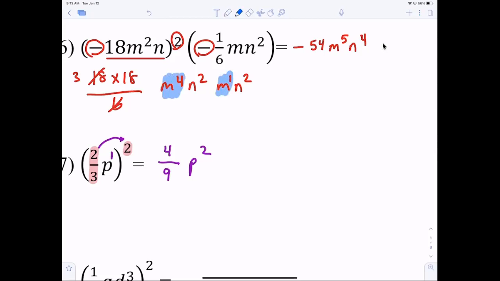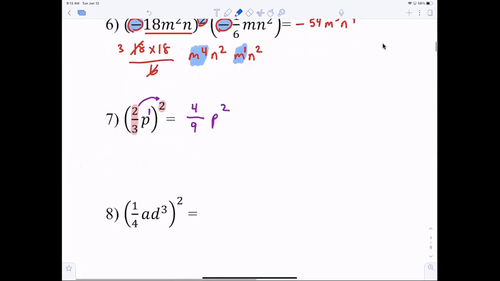That's better. Why is the 54 negative? Because negative squared is a positive, and then a positive times a negative is negative. Anybody else have a question on that?